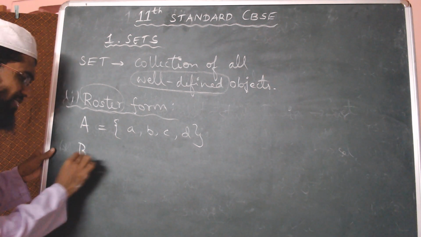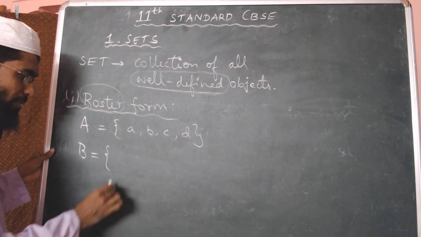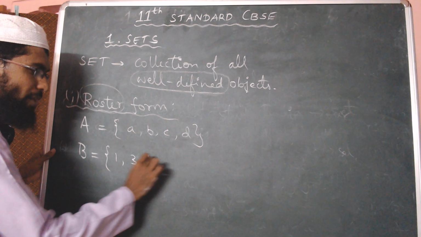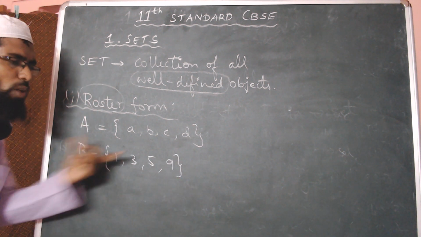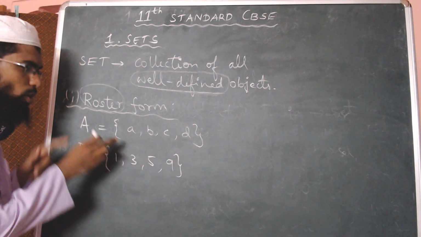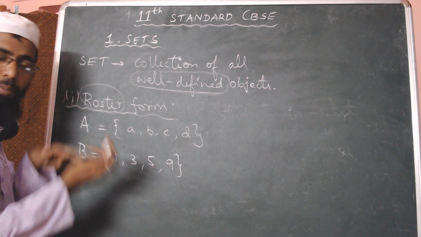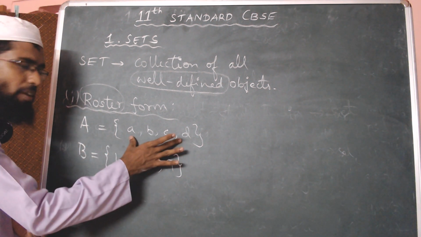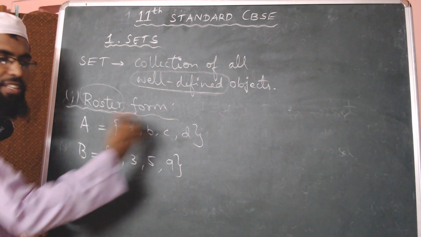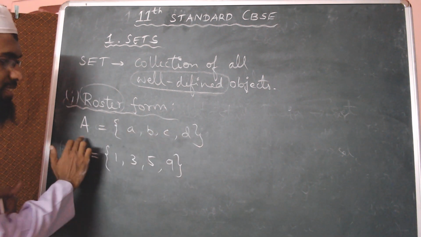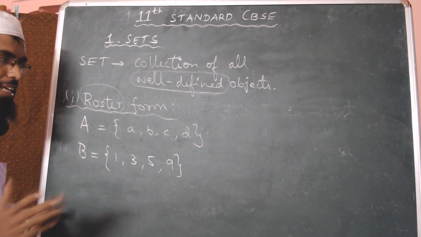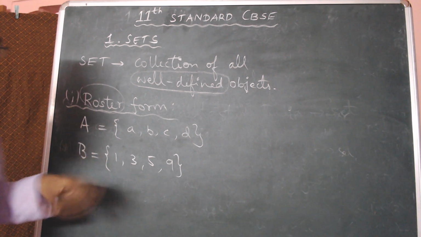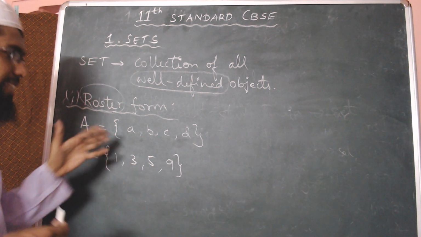So I can give you some examples like A, B, C, D, or 1, 3, 5, 9. So I am just listing out the elements, right? So this is a set. I have represented it in roster form. I have listed it out, right? So I have represented the set in roster form here and here. So roster form is nothing but representing a set as a list, right?